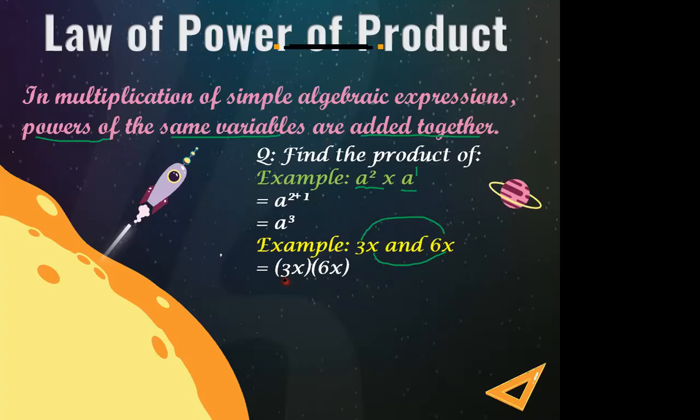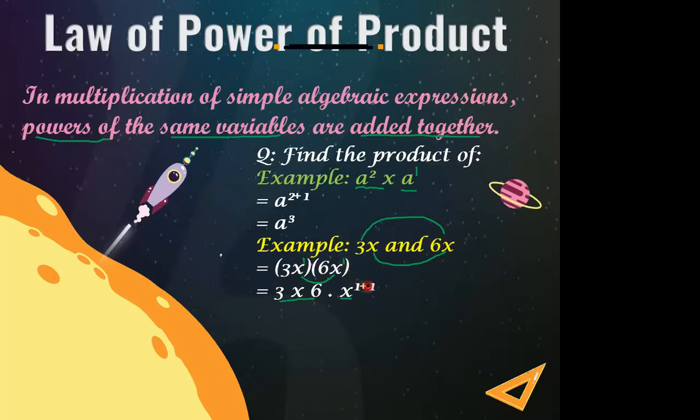You will multiply the coefficients separately, just like this. You will write 3 multiplied by 6, the sign of multiplication, and when you multiply x with x, you will write x only one time and then simply add the powers. Nothing is written, so you will say that the power of x here is 1. Similarly, the power of x here is 1.